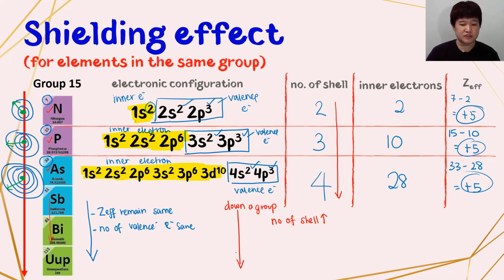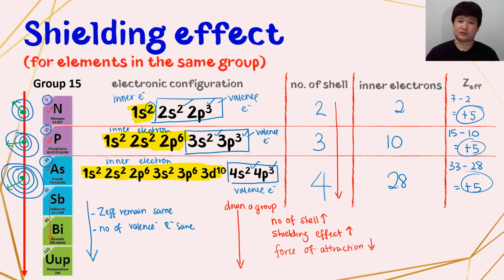So when the number of shells increases, the shielding effect also increases. And when the shielding effect increases, what happens to the force of attraction? The force of attraction obviously decreases.